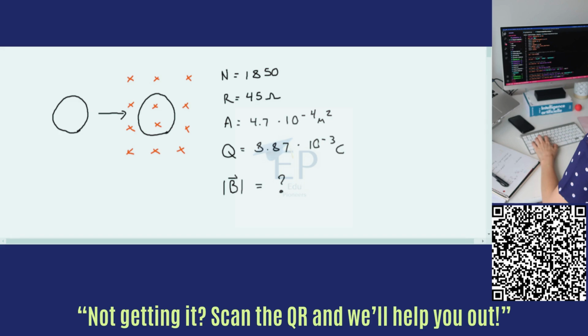Now we're also given all these other parameters of our loop setup here. That is the resistance of the wire in total, the area of the loop, and the number of turns. Okay, so the place we're going to start is with Faraday's law of induction, which relates the induced EMF to the change in flux over time.